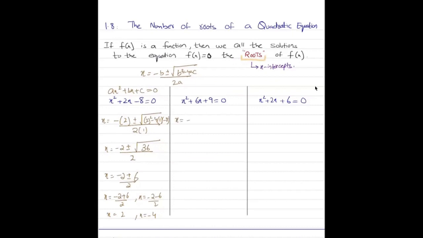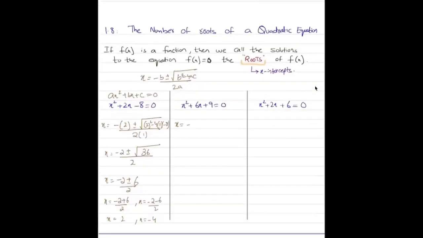Now, if I solve the second equation using the quadratic formula, it's going to be minus b plus minus square root b squared minus 4 times a times c divided by 2a. Minus 6 plus minus, what is the term inside the square root going to be?